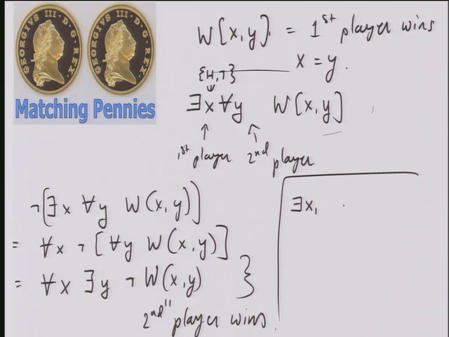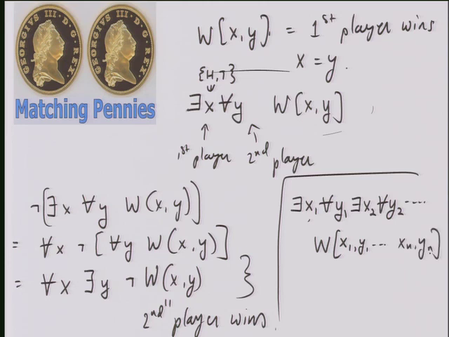Okay, sorry, maybe I'll write it this way just to make it clearer. I'll write y for the moves of the second player. So is it true that there exists a move x1 for the first player such that for all moves y1 that the second player can make, there exists a move x2 for the first player, and so on, for the first player's first move, second player's first move, first player's second move, second player's second move, etc. You can keep quantifying, such that it's a win, W of x1, y1, and so on up to xn, yn.